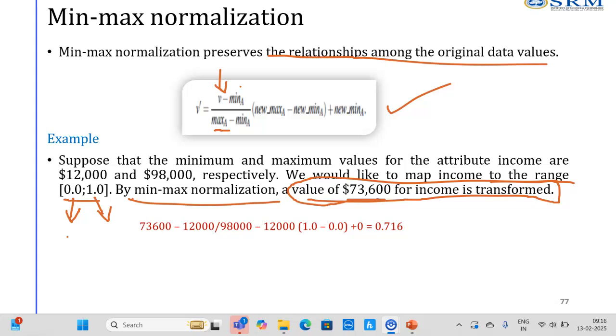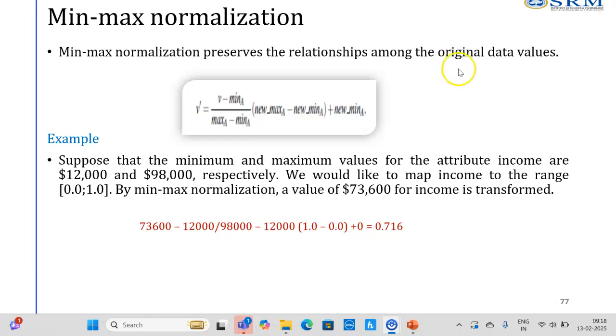V is 73,600 minus the minimum value 12,000, divided by the maximum value 98,000 minus 12,000, into our new max which is 1, minus new minimum which is 0, plus our new minimum which is 0, is equal to 0.716. So this is our min-max normalization.